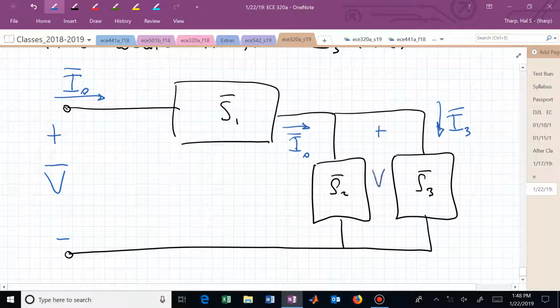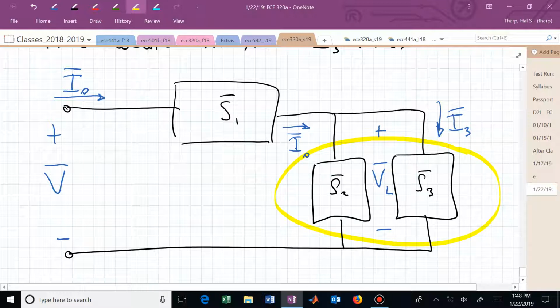And can we also maybe think about this voltage? That voltage is the same across both. So now if we know what this combination looks like in terms of complex power, and we can simply add those up, we now have the current supplying that interconnected S2, S3 load, and the complex power formula gives us S is equal to V I star.